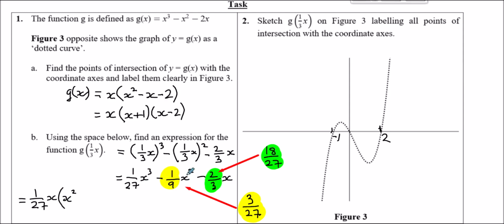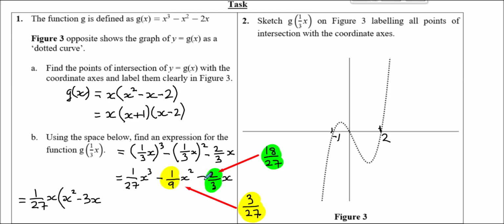So 1/9 is the same as 3/27. So to go from 1/27 to 3/27, we need to multiply by 3. Of course, we need this minus in because it's minus this fraction. And to go from the x to the x squared, we need an x in here.